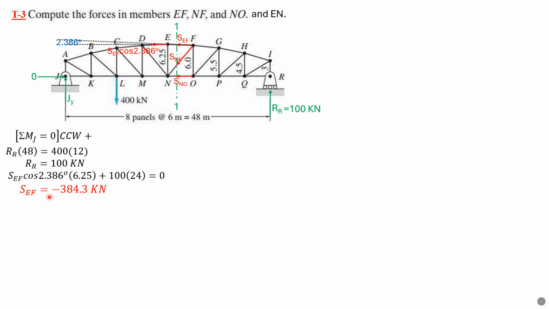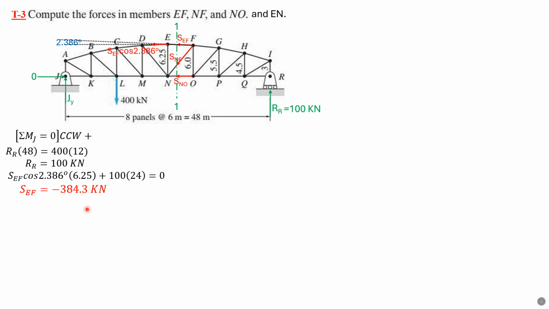So remember the meaning of the negative sign: it is in compression. I'm not showing it here, but in class we made an agreement that you should put first that positive means tension and negative means compression. So that's compression. Then to solve for SNF, summation forces y equals 0. So let us agree first that this is really correct.